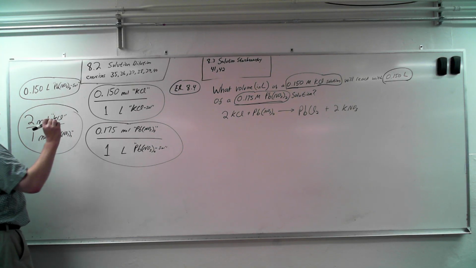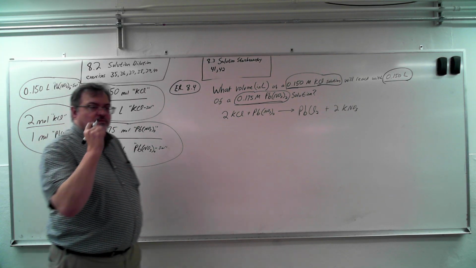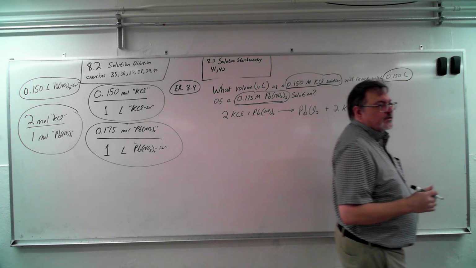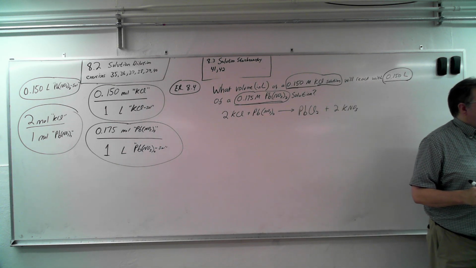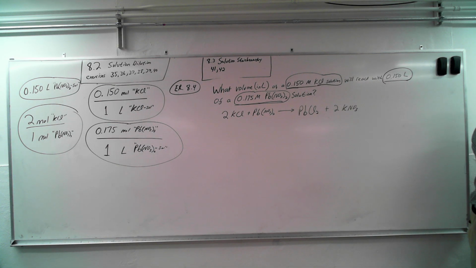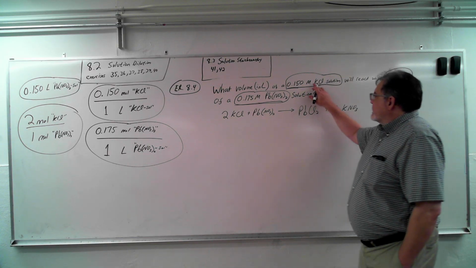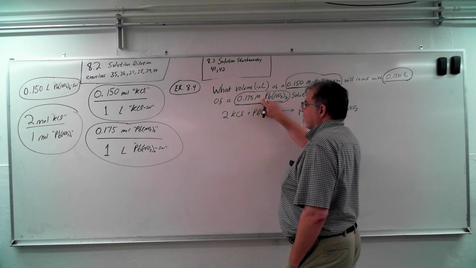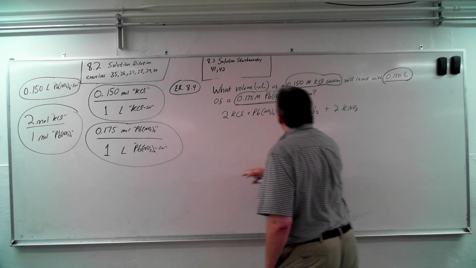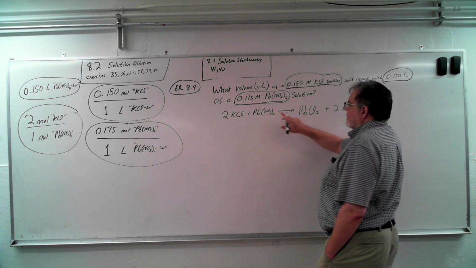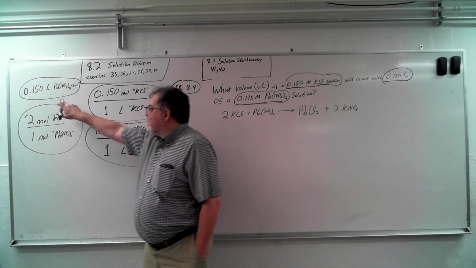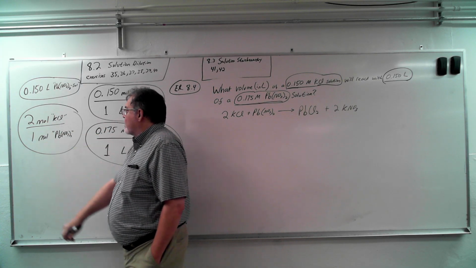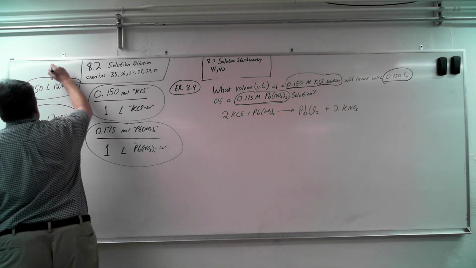That's the molar ratio from the reaction. Those are all the pieces. Now you just got to stack them together. So this gave me this in the expanded form. This gave me this in the expanded form. This was just a standalone Pb(NO3)2 liters. And then this is that molar ratio. And this is what I would start with.